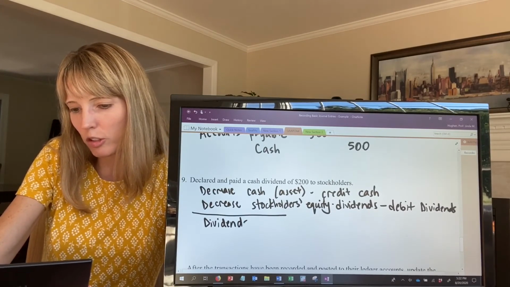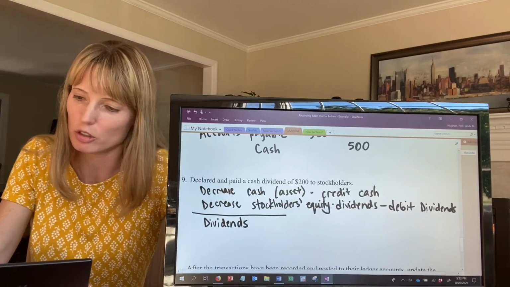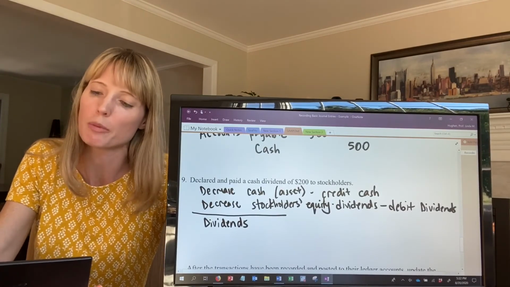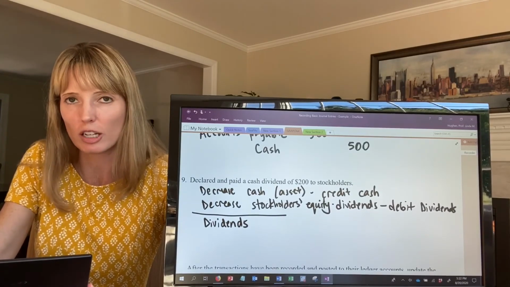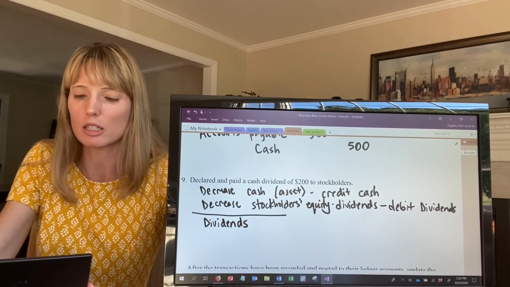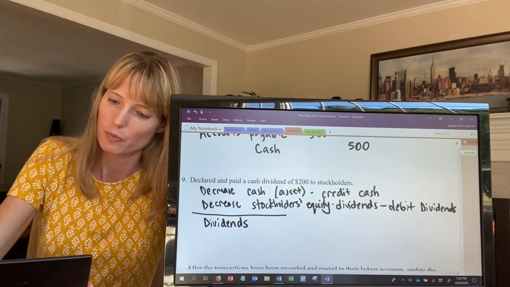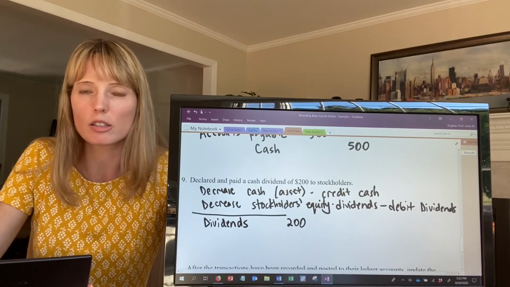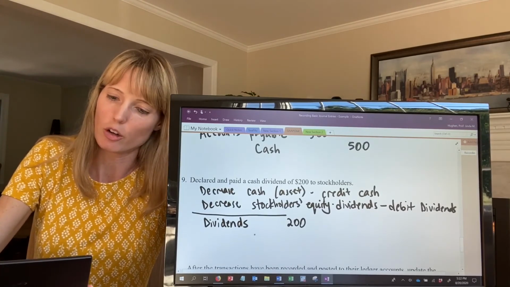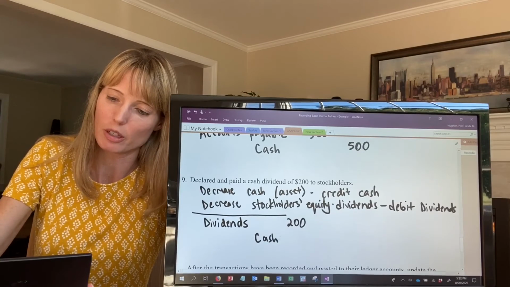Remember, dividends reduce stockholders' equity. There are 3 components to stockholders' equity. Well, 2: common stock plus retained earnings, and 3 things that affect retained earnings: revenues, expenses, and dividends. So a debit to the dividends account decreases stockholders' equity, and a credit to cash to show that we paid out cash.